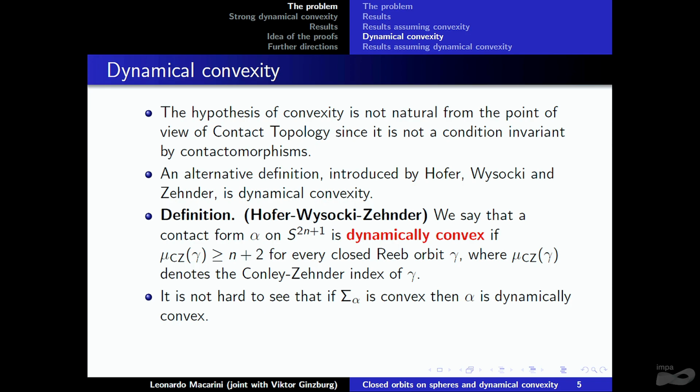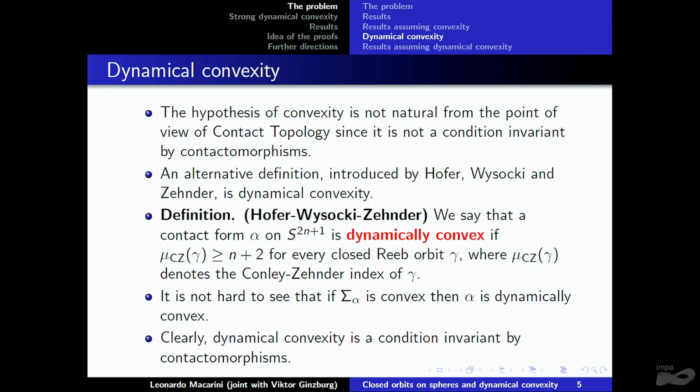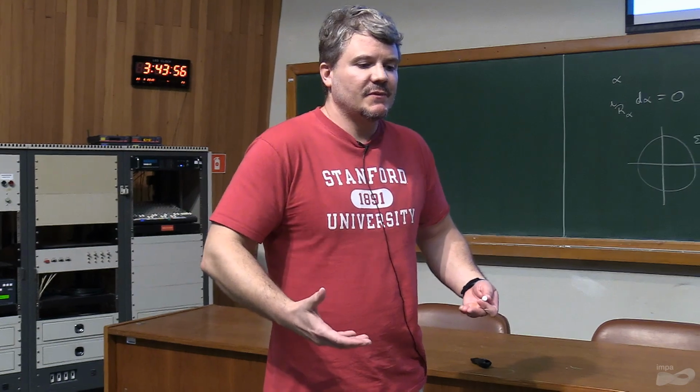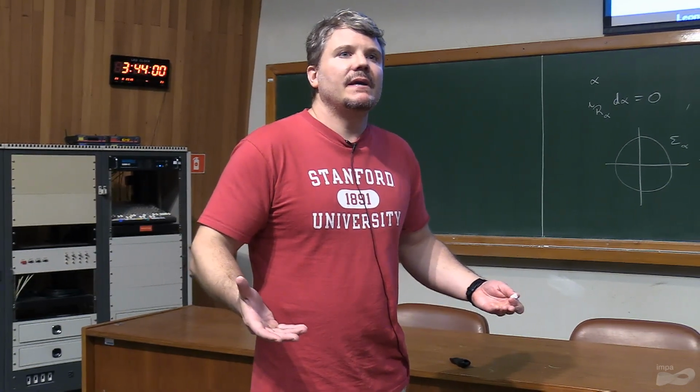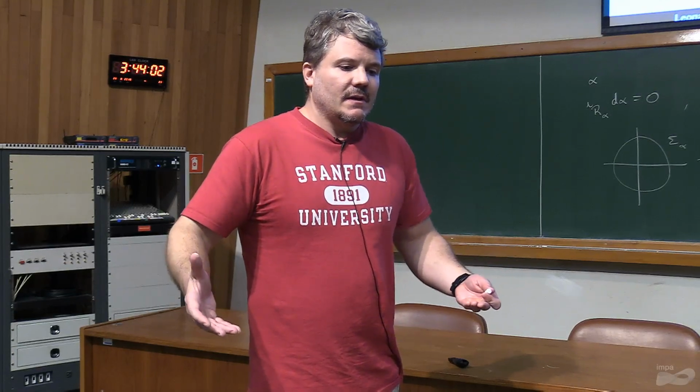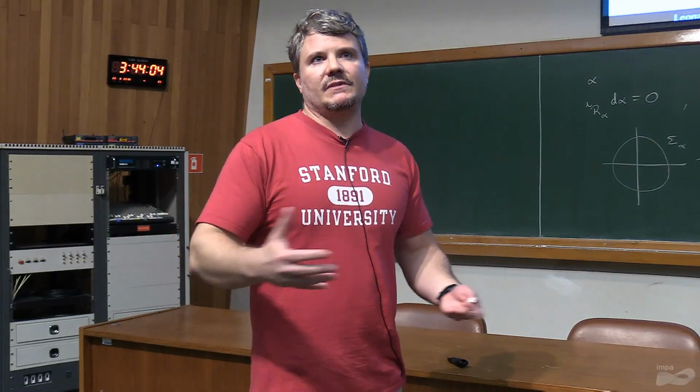It's not hard to see, as Roberto already mentioned, that convexity implies dynamical convexity. And the point is that dynamical convexity is a natural condition from the point of view of contact topology because it's invariant by contactomorphisms. The index of periodic orbits doesn't change under contactomorphisms.